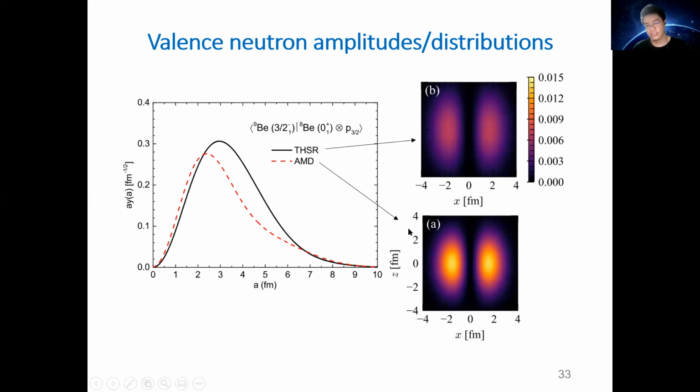The main physical difference between these two models is that in THSR, they put a very definite configuration for the valence neutron and the alpha clustering core of beryllium-8. The AMD calculation allows some cluster breaking components, and allows the wave function to be a mixing of these different configurations.